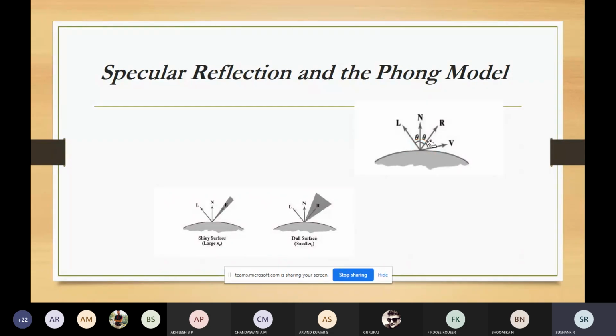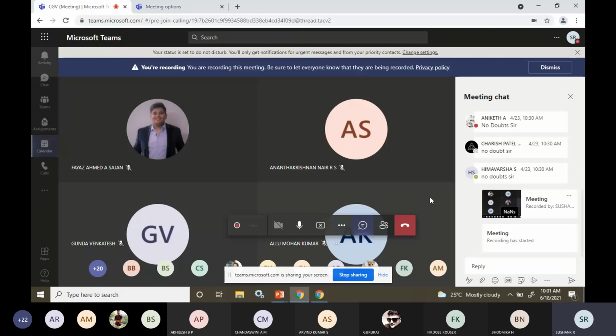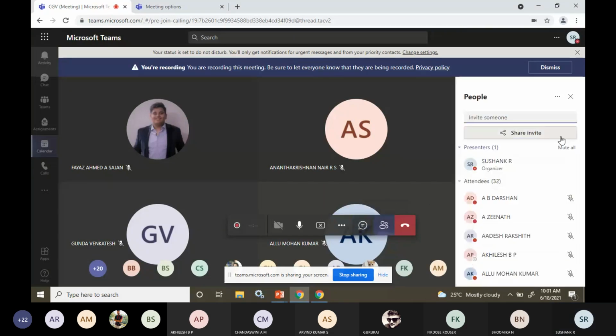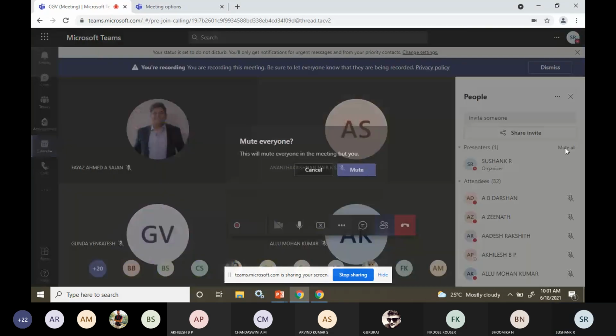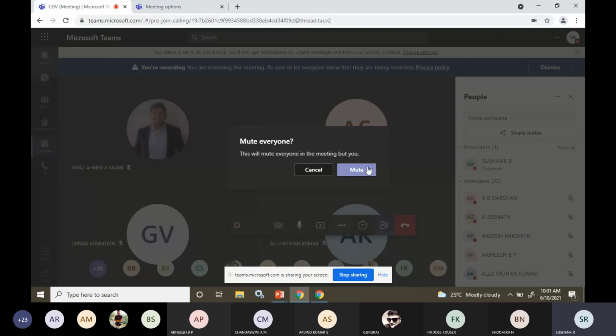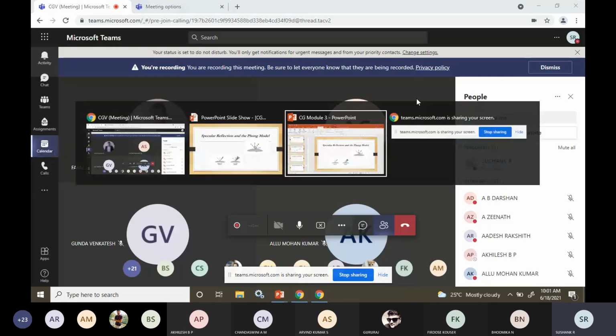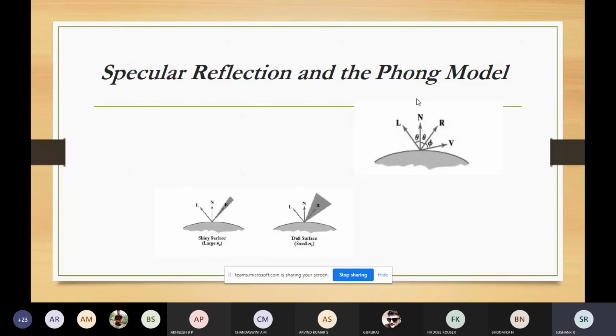These kinds of surfaces we will call specular reflection surfaces, and the angle we will call the specular angle. Okay, so this is regarding the specular reflection.